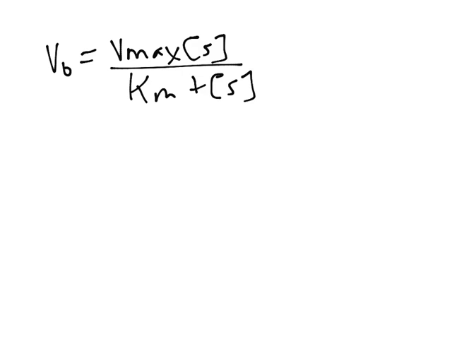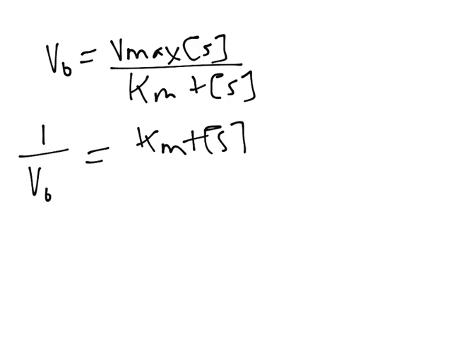The first thing that we want to do is flip each side. So we're going to take the inverse of each side of this equation, hence the double reciprocal plot name. So 1 over V0 equals Km plus the concentration of substrate over Vmax times the concentration of substrate. Now we're going to separate out our terms on the right side of the equation.